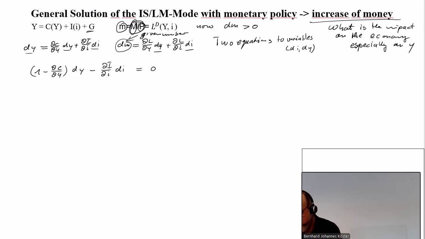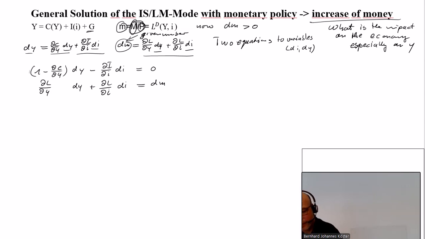So we have subtracted this and taken out dy. Here we just leave it, but put it the other way around. So then we have dL/dY dy plus dL/di di equals the external change of the monetary base.